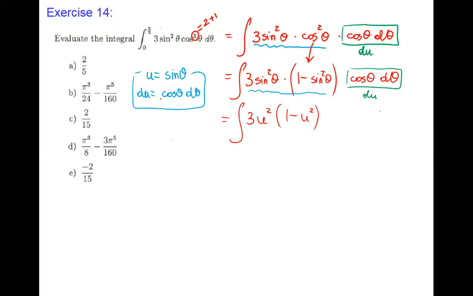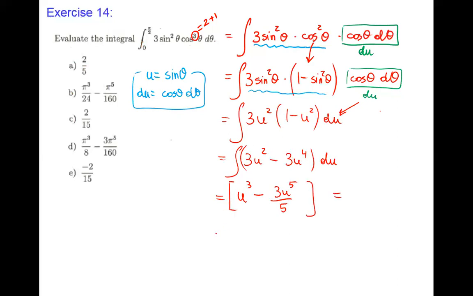And cosine theta d theta is simply du. Let's distribute: 3u squared times 1, 3u squared times u squared, 3u to the power of 4. The integral of 3u squared is simply u cubed, nice. And 3u to the power of 4 will be 3u to the power of 5 over 5.